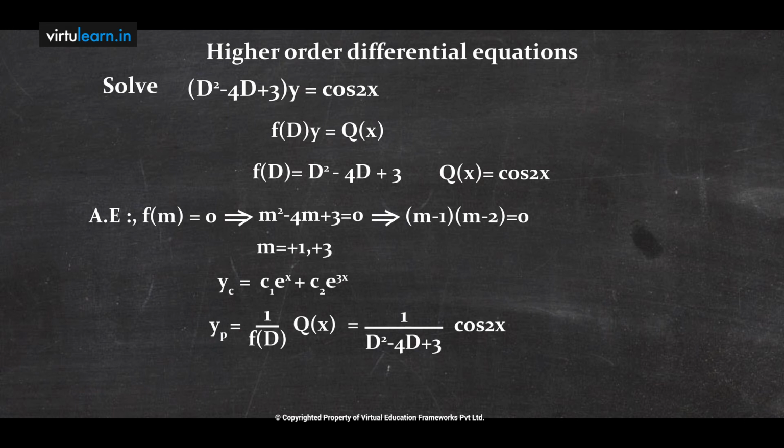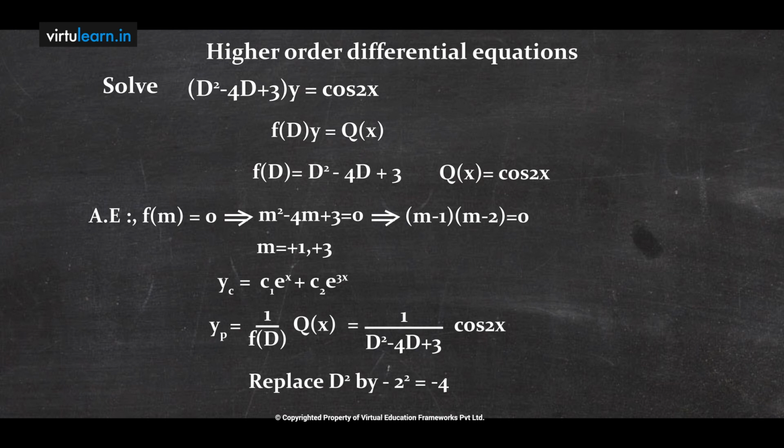Now if it is sin 2x or cos 3x or cos 5x, replace d square by minus the coefficient square. The formula is for cos bx or sin bx, replace d square by minus b square. What is the coefficient of x here? 2. So replace d square by minus 2 square, that is, minus 4.